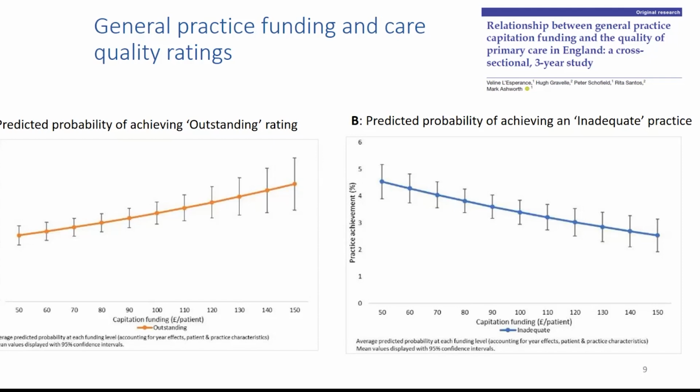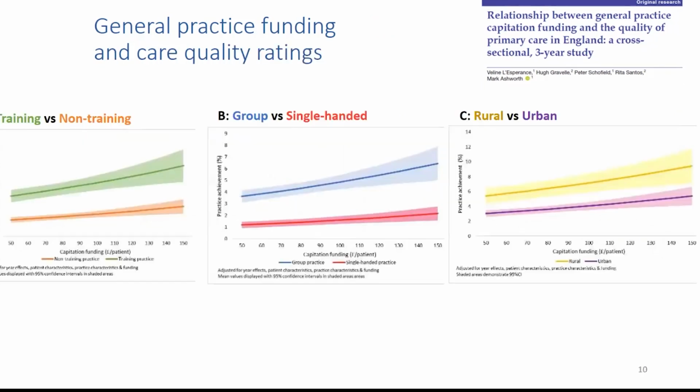As you can see, for those rated outstanding, the more capitation funding you have, the higher the probability of getting that outstanding rating. And the opposite is true for those rated inadequate, where you're more likely to be rated inadequate with less funding.